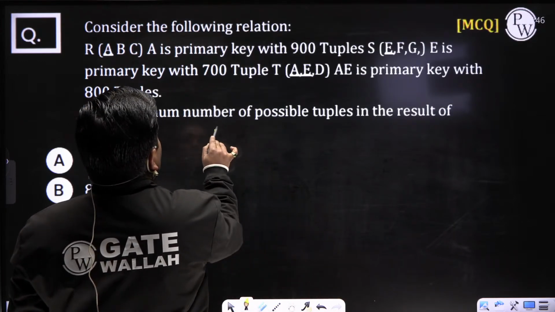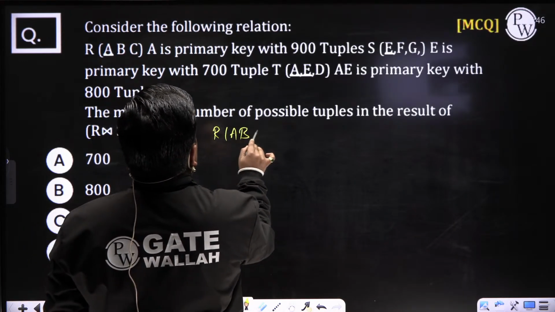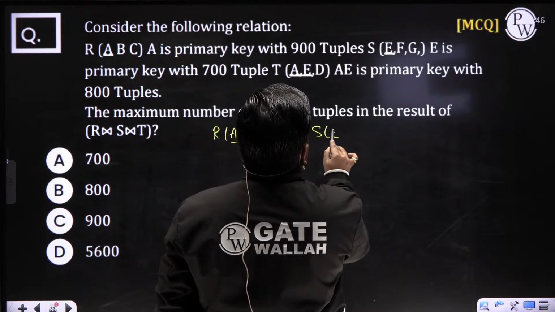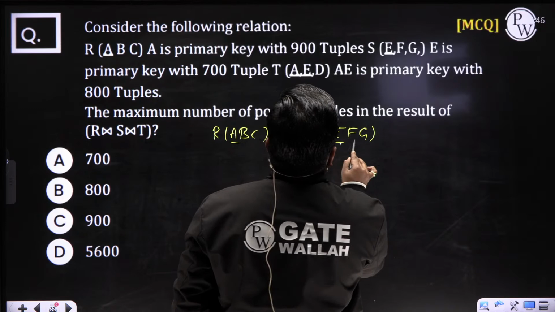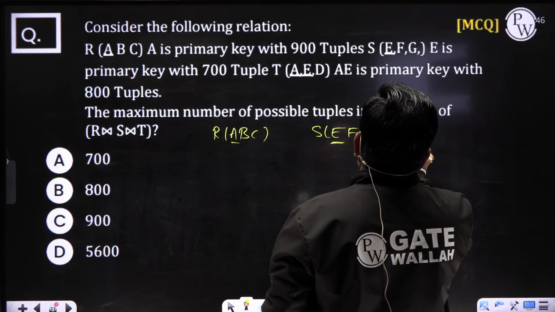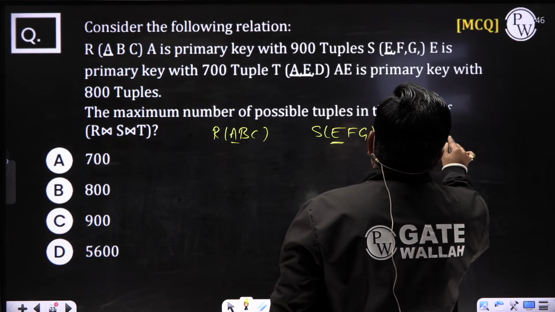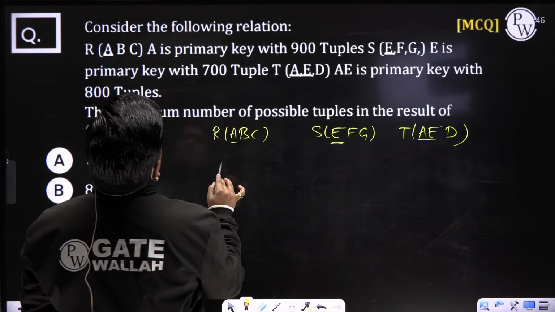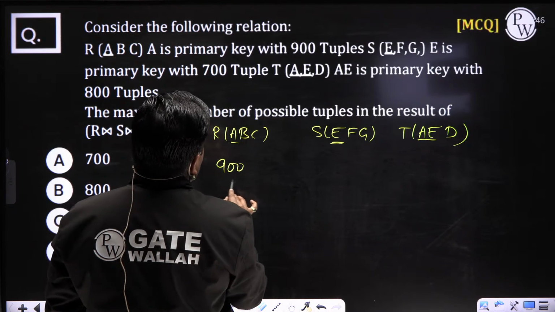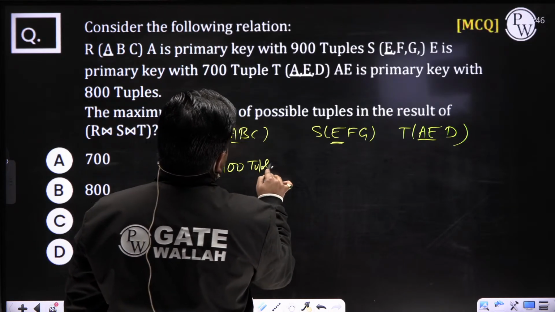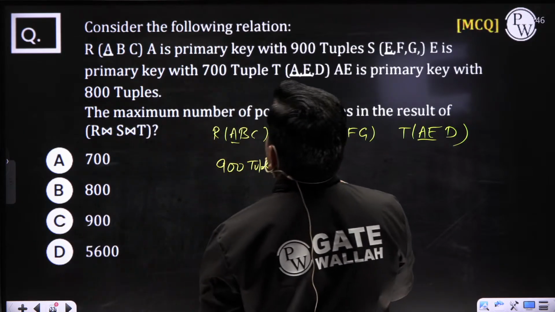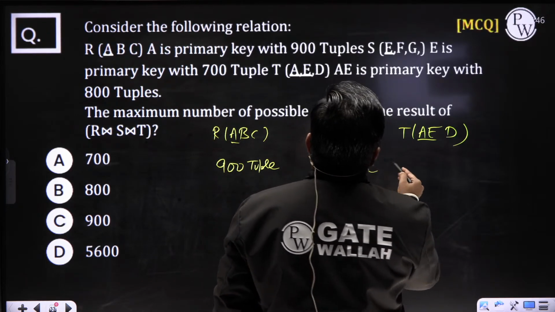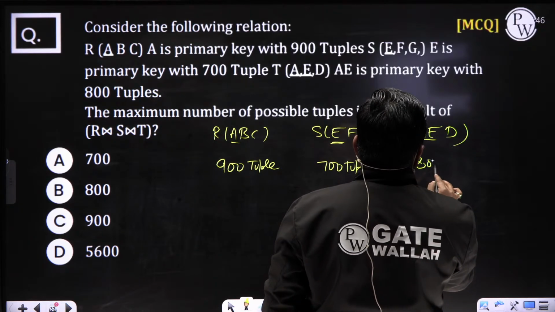Now here we have R(A, B, C), where A is the primary key, and S(E, F, G), where E is the primary key, and T(A, E, D). Here A is the primary key. R has 900 tuples, S has 700 tuples, and T has 800 tuples.